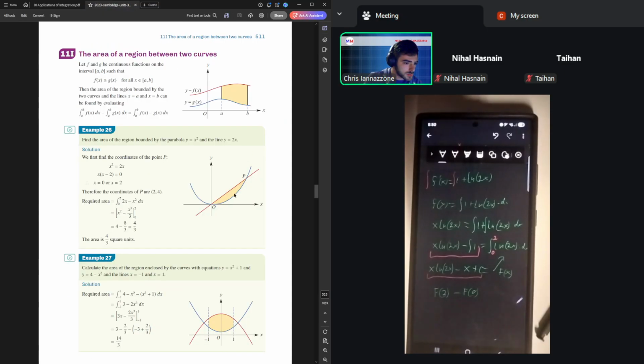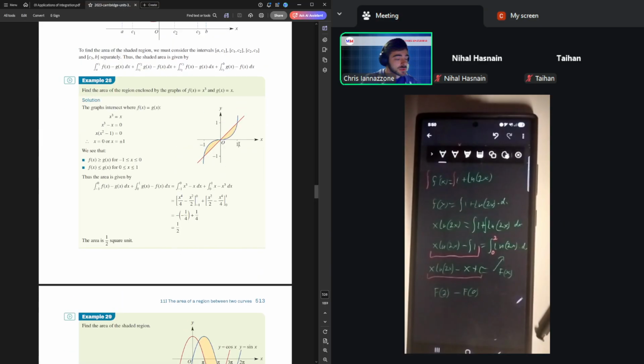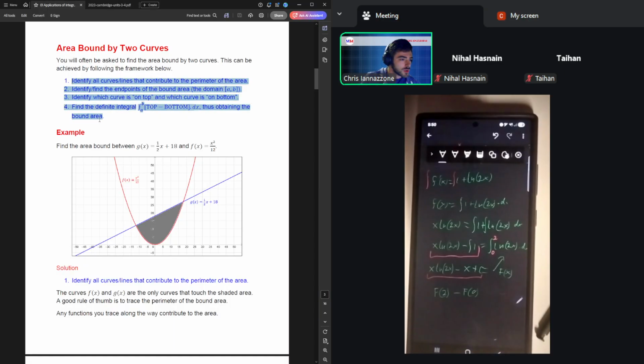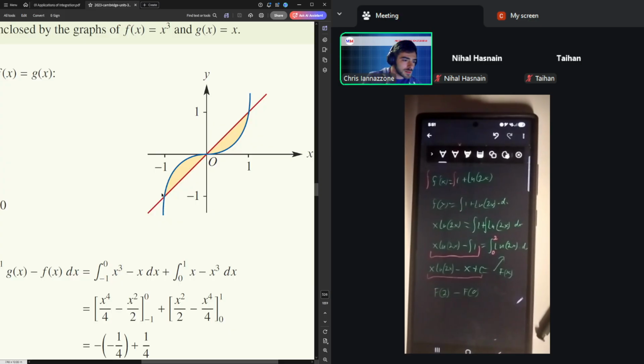Area between curves. Oh, actually, one final thing. Area between curves, what you'll notice is nowhere in this procedure do we actually care about where the graphs are positioned on our axes. These ones were already above the axes, perfectly fine. These ones dip below. Now, normally that's a bit of a worry because when you have area below the x-axis, it becomes negative. And we've already talked about how bound area wants everything to be positive.